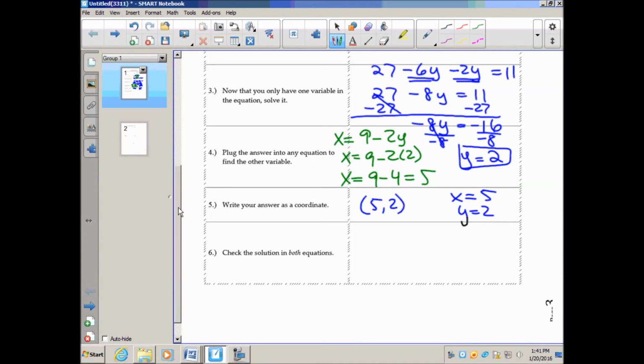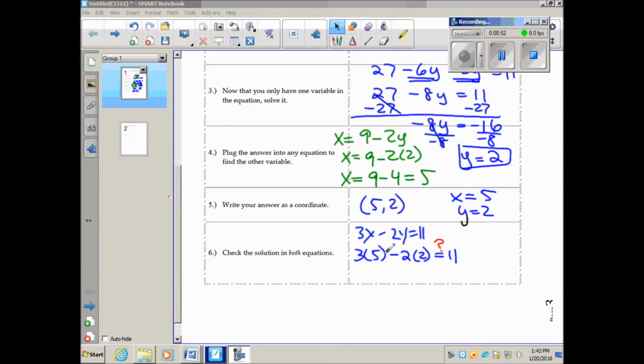So I'm going to write the original equation here, 3x minus 2y equals 11. Then I'm going to substitute in the value 5 for x and 2 for y to see if it works.